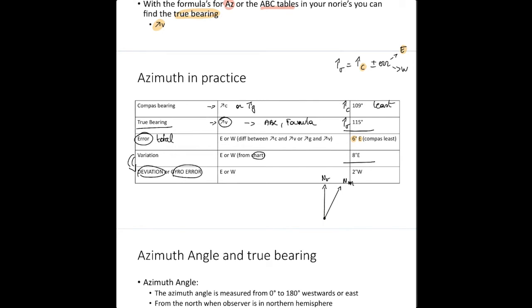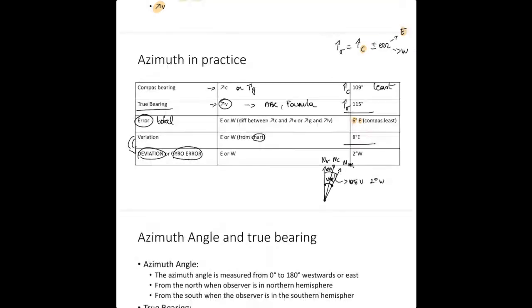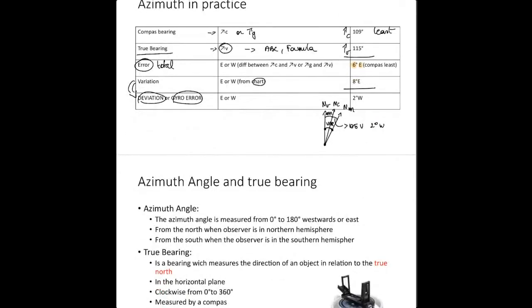This is your true north, then magnetic north, because your variation is 8 degrees east, and your total error is 6 degrees east. This gives you the compass north. So you know that when you go from variation to compass, this will be the deviation, and the deviation is 2 degrees west. This is kicking in open doors. We know this already from 2 years ago. So that's really why we need the azimuth in practice.